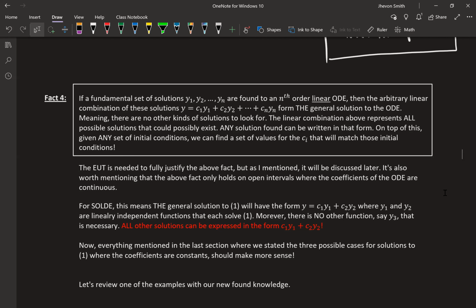And on top of that, given any set of initial conditions for this differential equation, I would be able to find specifically what the C1, C2, C3, all the way up to Cn are that will not only solve the differential equation, but actually fit those initial conditions. And again, that's something that follows from linear algebra. And I'll talk about that as well.